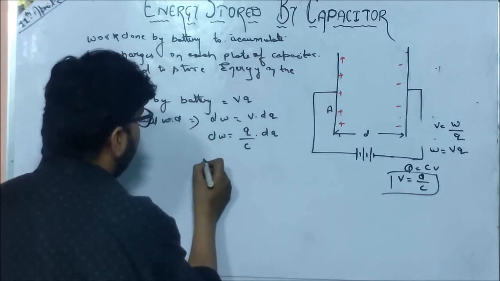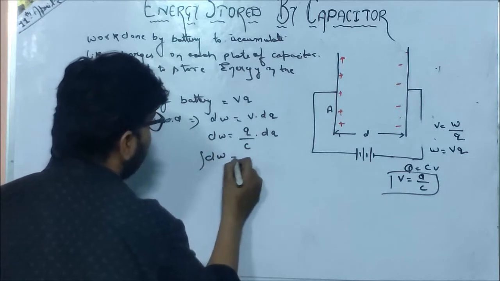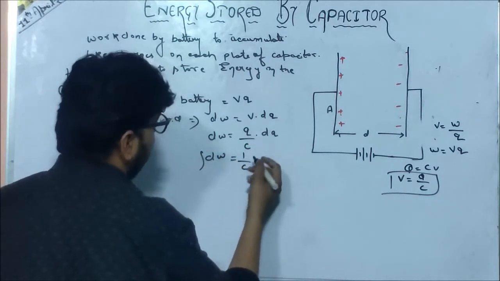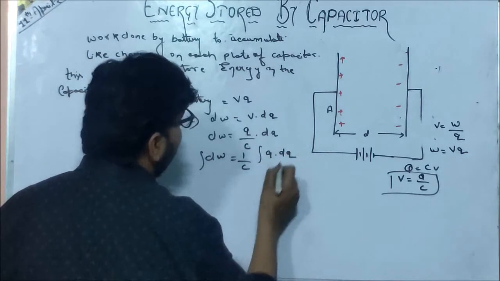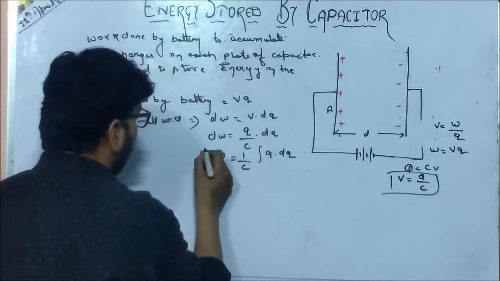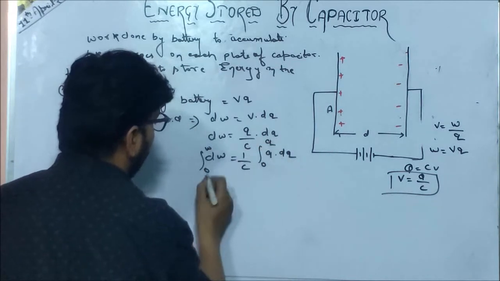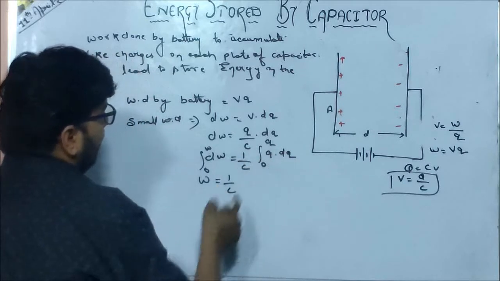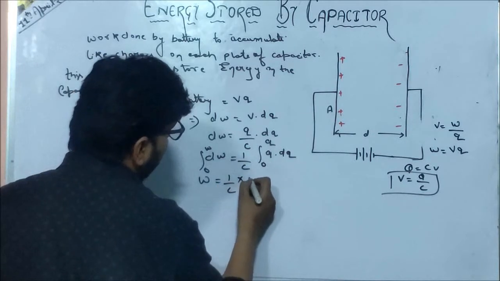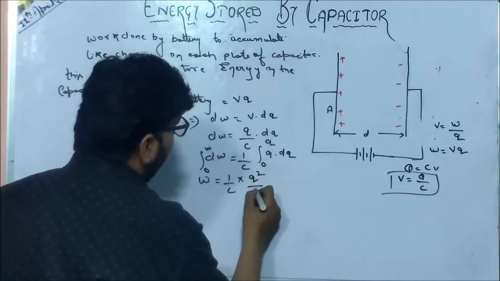Now we will integrate it. So dW is equal to 1 by C, which is the capacitance constant, so it is Q into dQ. Now the limits are 0 to W and 0 to Q. So the total work done will be W, and if we integrate this, then we have the value Q square by 2.